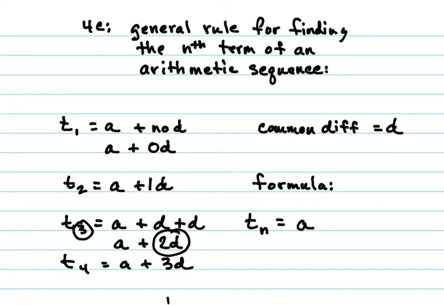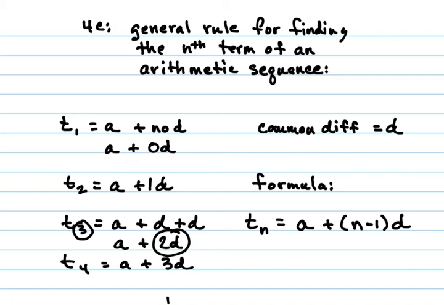So we always still have the beginning, that's a given. But as a multiplier, if we simply take 1 away from whatever term number we're looking for, we can get the number that we need to multiply times our D. So the notation looks a little funny, but in reality, it makes perfect sense.